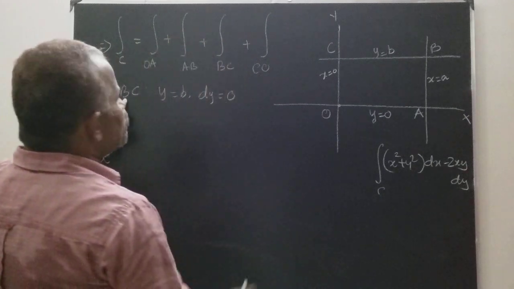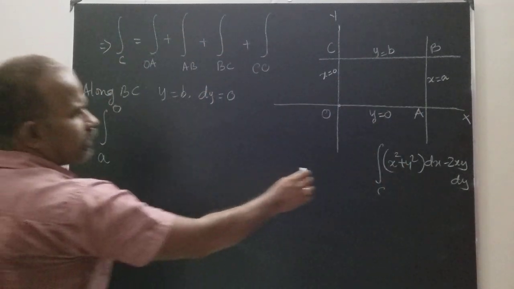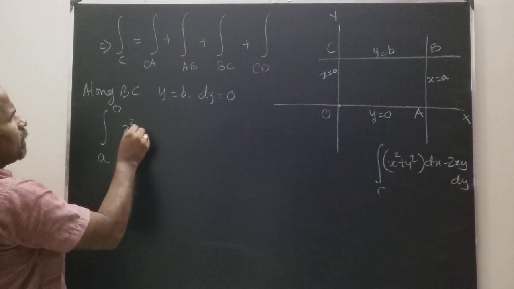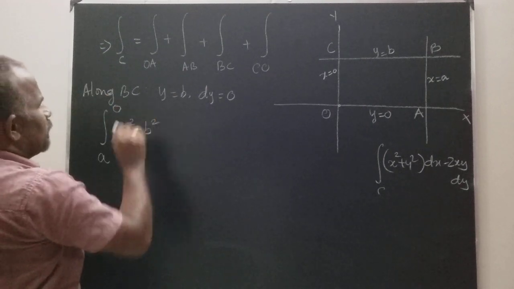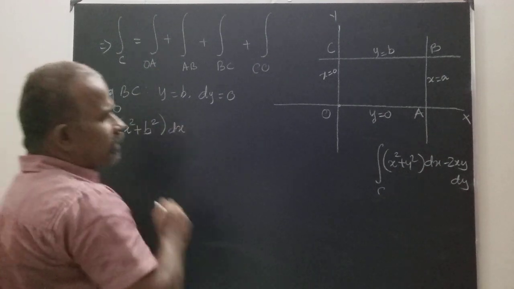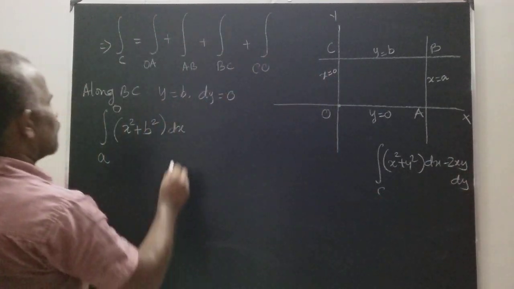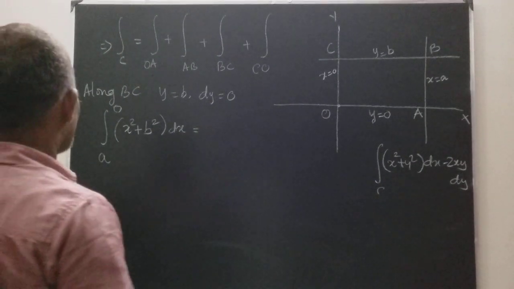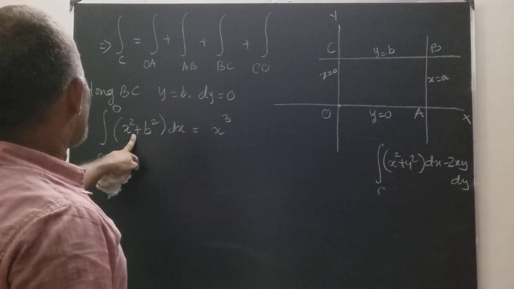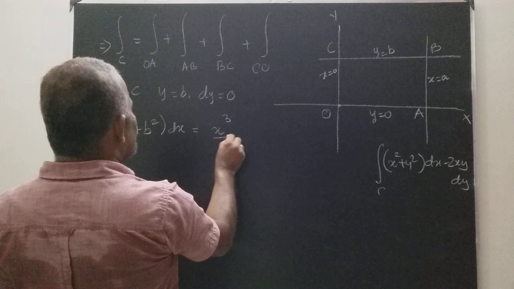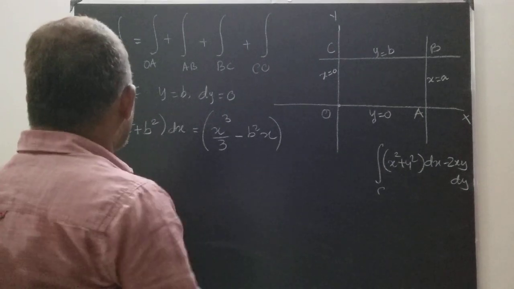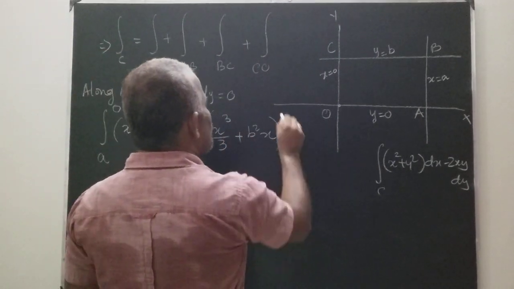So along BC, y is equal to b, dy is 0. Therefore the integral is x squared plus b squared into dx. Dy is 0, so this part becomes 0. So this is equal to x cube by 3 plus b squared x, limit varies from a to 0.